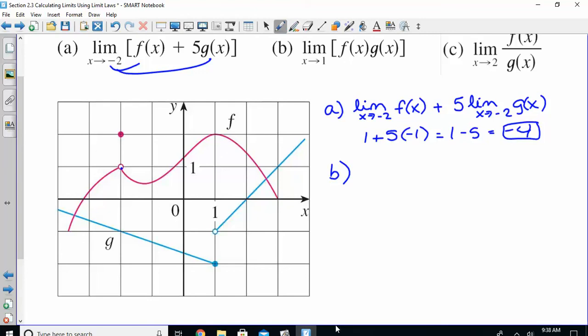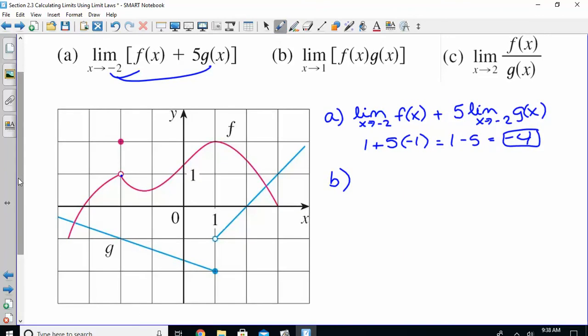B. What do my limit laws tell me I can do on this one? Take the individual limits and multiply them together. We can do the limit as x approaches 1 of f of x times the limit as x approaches 1 of g of x. So on f, that's my pink one.